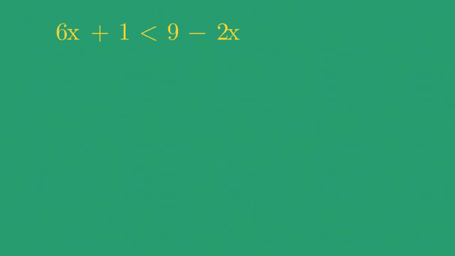All right, next one. Here you go. Jot that one down. Going to go variables on both sides on this one. So 6x plus 1 less than 9 minus 2x.